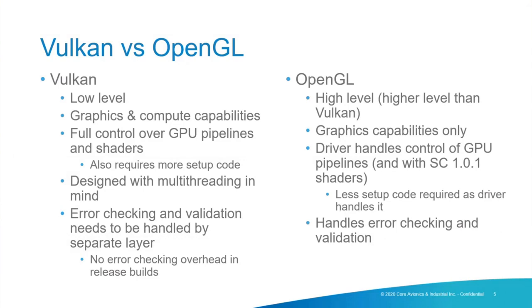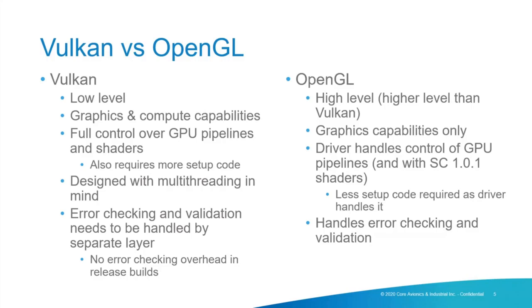Vulkan provides both graphics and compute capabilities, while standard OpenGL, especially OpenGL Safety Critical, only provides graphics capabilities. Vulkan gives full control over GPU pipelines and shaders, where in OpenGL, the driver you are using handles the GPU pipelines.